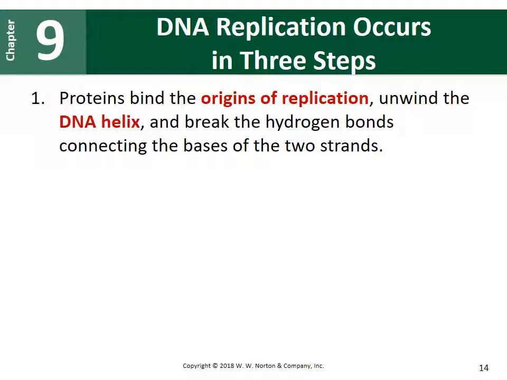So remember, we have two strands of DNA, and they're bonded together using those complementary base pairing rules. So if you remember, A pairs across from T, and C's pair across from G's right here. So what happens is those bonds between those two strands is broken by these proteins at that origin of replication.